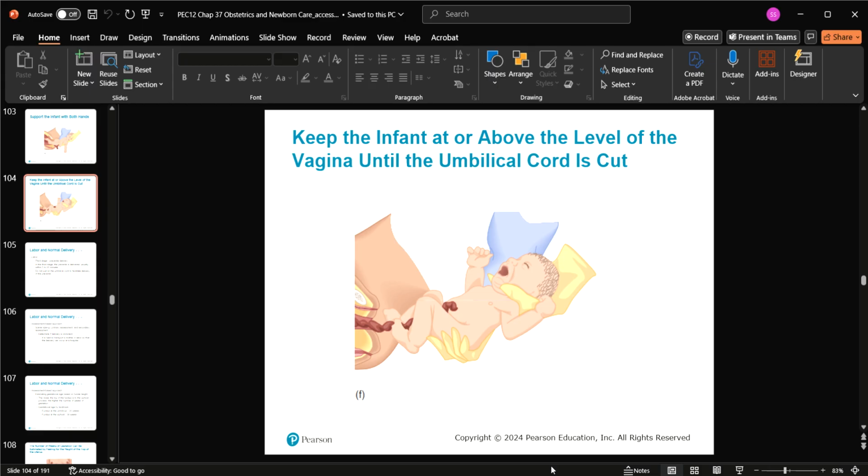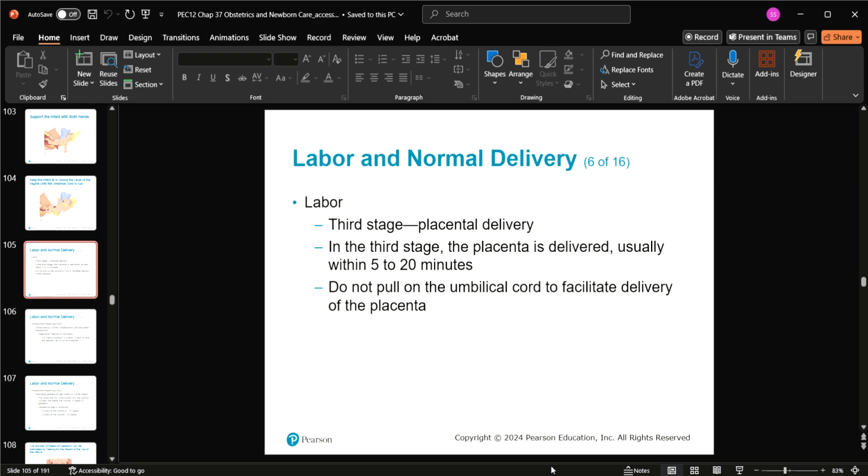Another time that we will cut before the placenta has stopped pulsating is if there's a nuchal cord, and we're going to get to that later. If there's a nuchal cord, that is, if the cord is wrapped tightly around the child's neck, and you are unable to remove it, you're going to have to clamp, cut. My bad.